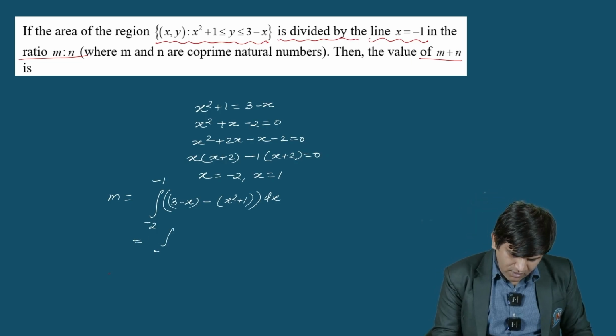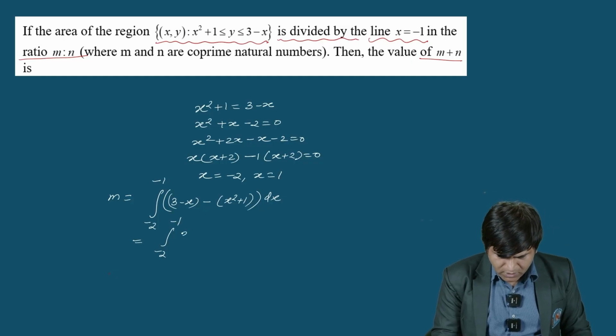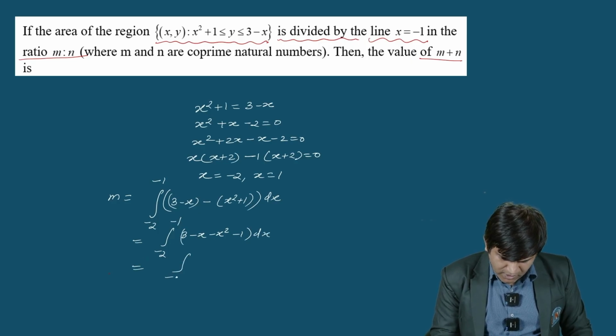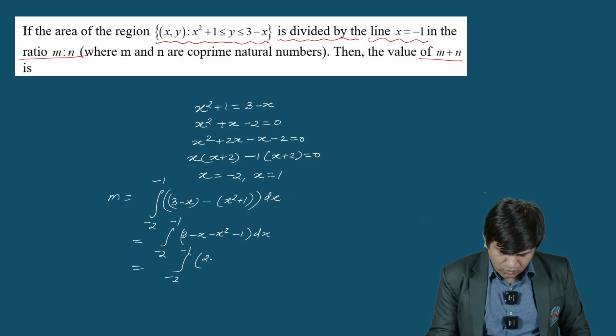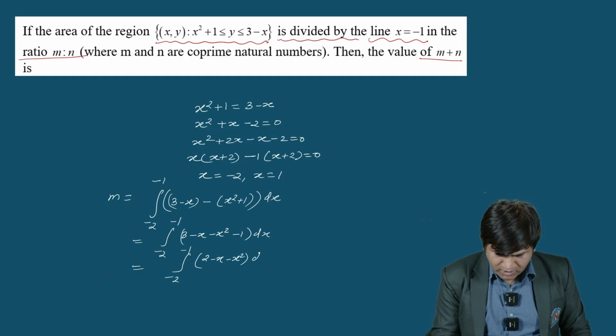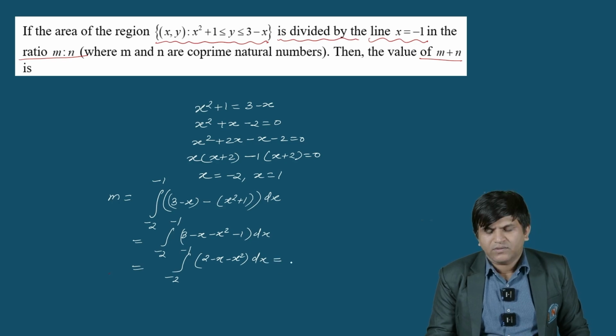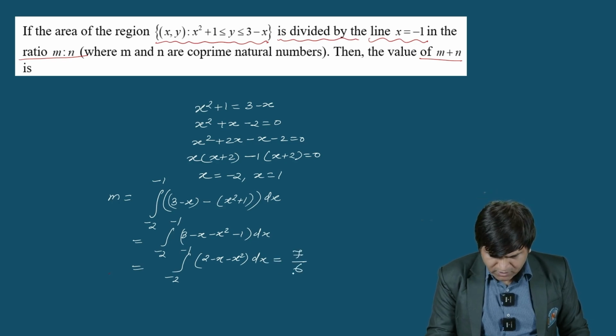So from minus 2 to minus 1, this is 3 minus x square minus 1 dx, which is the integral from minus 2 to minus 1 of 2 minus x square dx, since 3 minus 1 is 2. If we solve this, we will get the value 7 by 6.